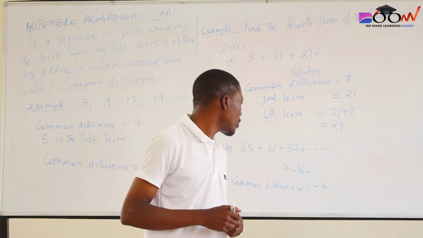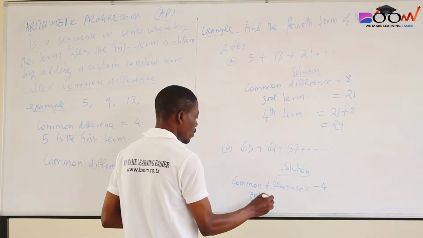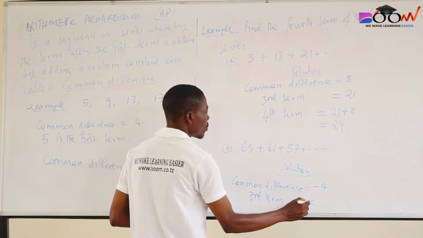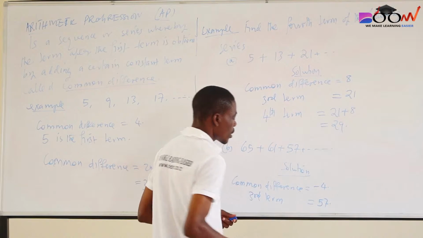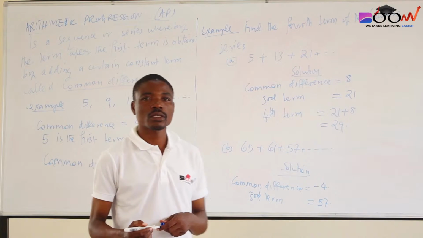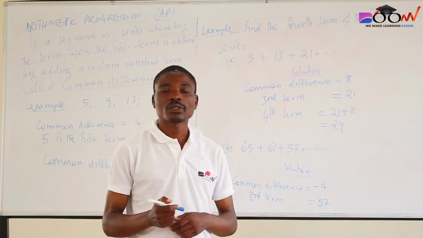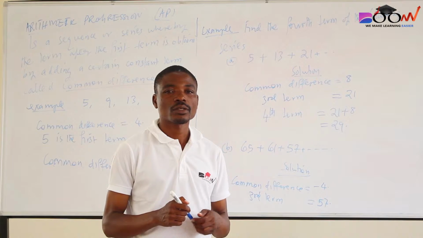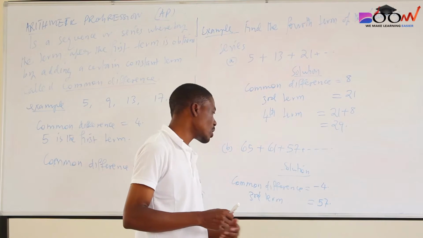Now, since you are having the third term, our third term is 57. What about now the first term? For the case of the first term, you just add our common difference, which is negative 4.